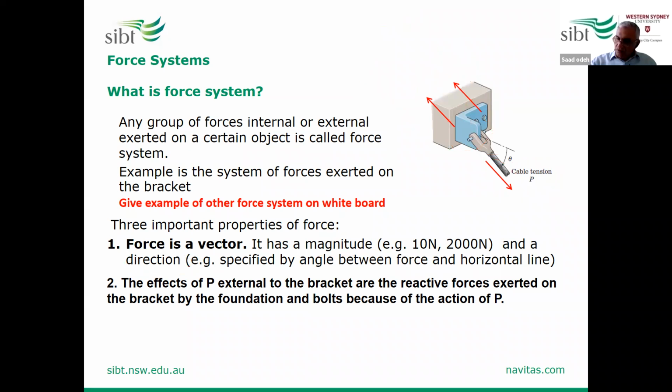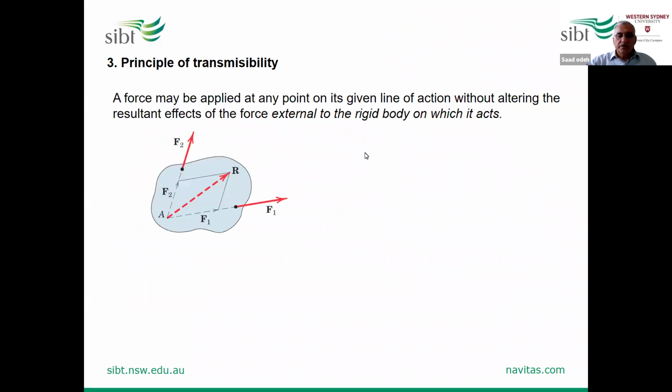The last, or third, property that you need to know about force is the principle of transmissibility. A force may be applied at any point on its given line of action without altering the resultant effects. What do we mean by this?